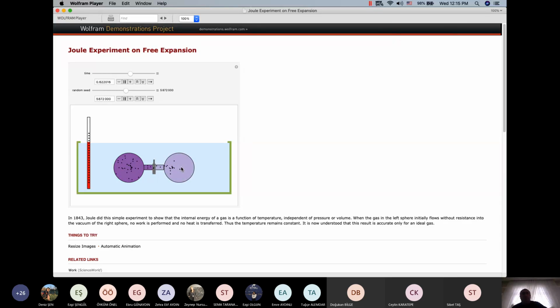Since the gas is expanded, the volume is doubled, so the temperature must change. But he observed no temperature change, because he was doing the experiment with perfect gases, and he thought this is true for all gases. But in real life, this is true only for ideal gases: the volume change does not affect the internal energy. Internal energy does not depend on volume change.